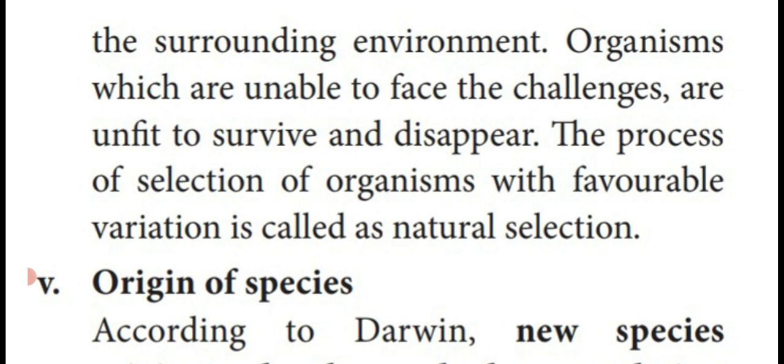Some of the organisms are unable to struggle for existence, survive and adapt to the environment. Those organisms disappear, that means they are destroyed. So, organisms which are selected by the environment with favorable variation is called natural selection.